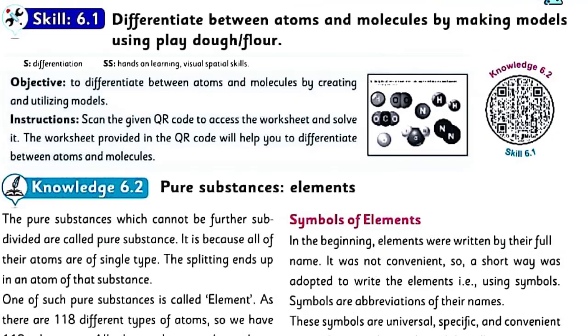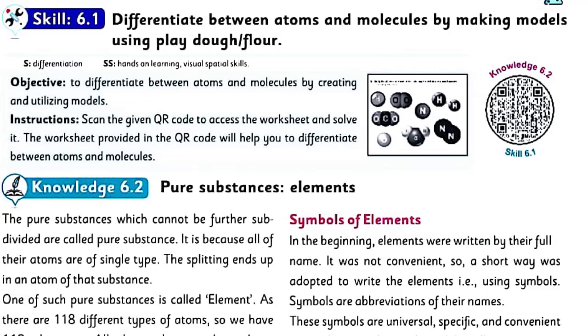Skill 6.1. Differentiate between atoms and molecules by making models using Play-Doh flour. Differentiation. Hands-on learning, visual spatial skills.